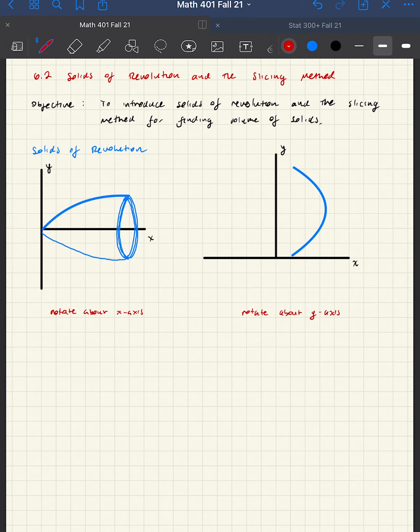So you can imagine that everything on the inside, in between, we're just taking this area, some infinitesimal rectangular area, and we're sweeping it out and creating a disk.